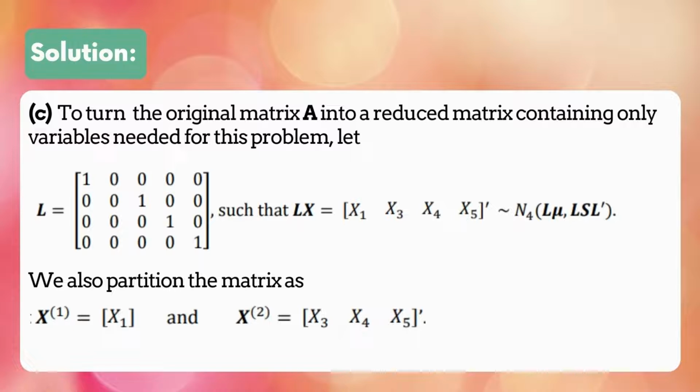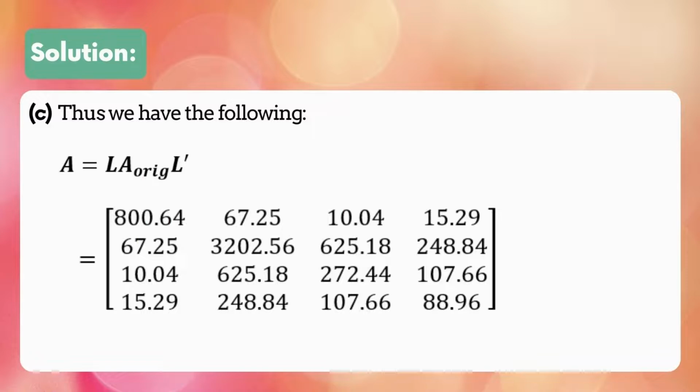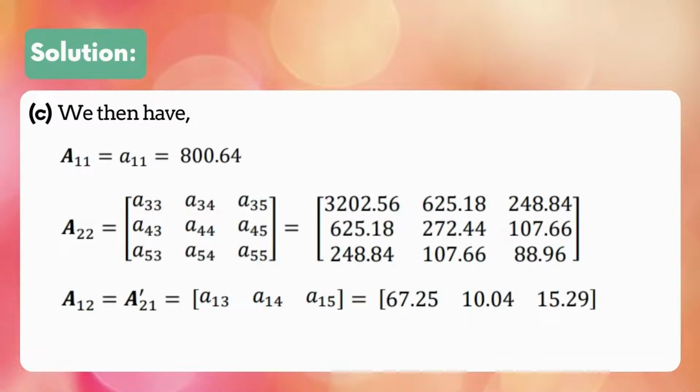We also partition the matrix as X superscript 1 equal to x1 and X superscript 2 equal to (x3, x4, x5) transposed. We then have the following. A11 equals 800.64. Matrix A22 equals the following, and matrix A12 equals the following.